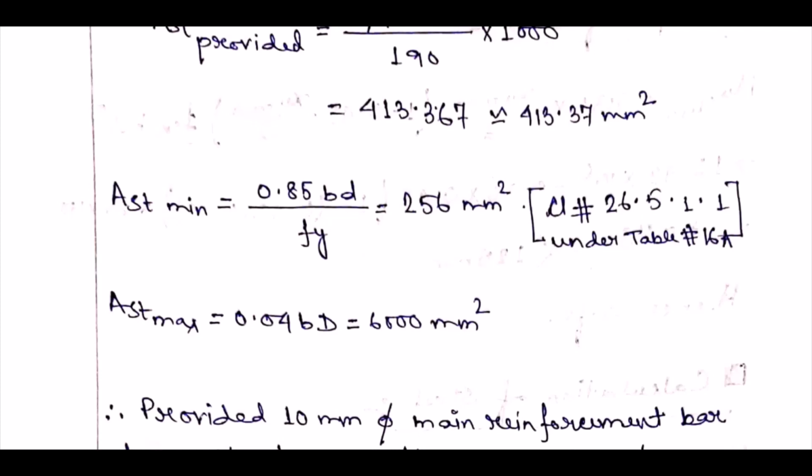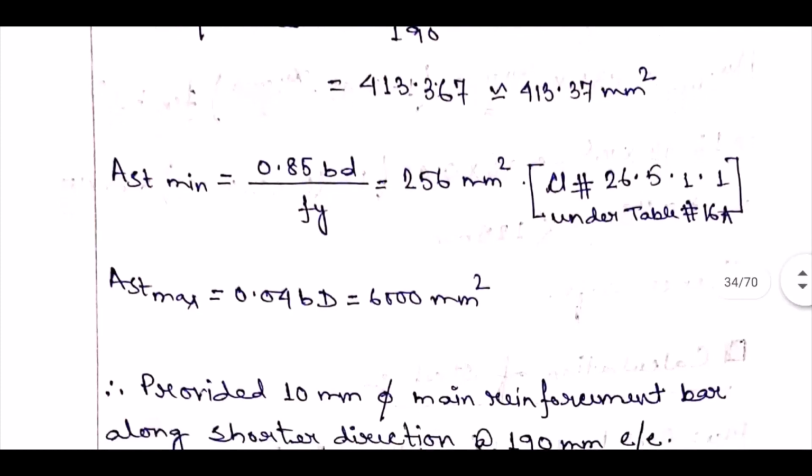This is the minimum reinforcement that has to be provided for this section, and AST maximum is equals to 0.04 B into capital D, that means overall depth, that is equals to 6000 mm square. So the value of AST provided lies between this minimum and maximum, so hence this is okay.